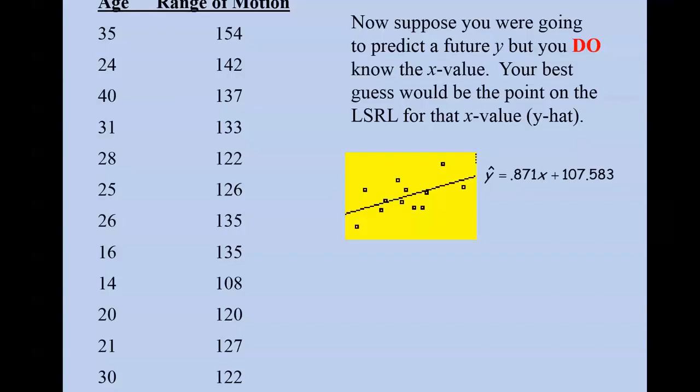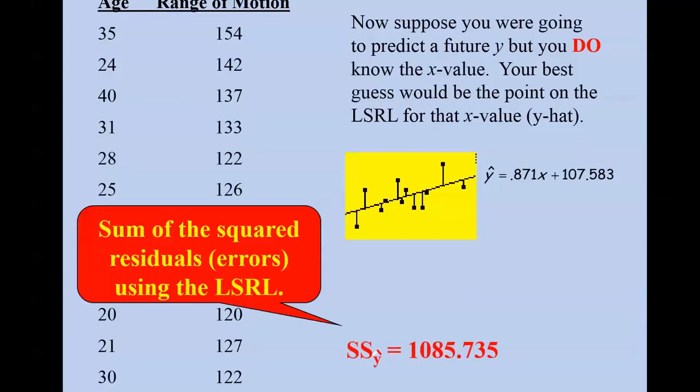Now again, we're going to calculate the residuals of all those points, and just like before, we're going to square them and add them up, and I get this number. Okay, now if you remember, that sum of the squared residuals is the smallest when we're dealing with the least squares regression line. This is the best number that minimizes the error to each of those points.